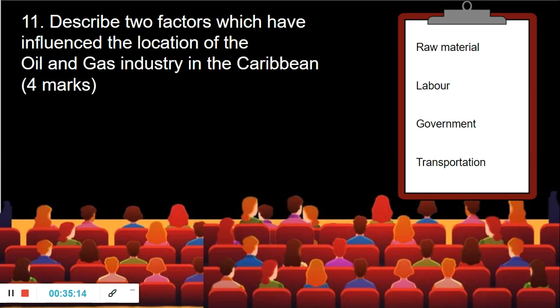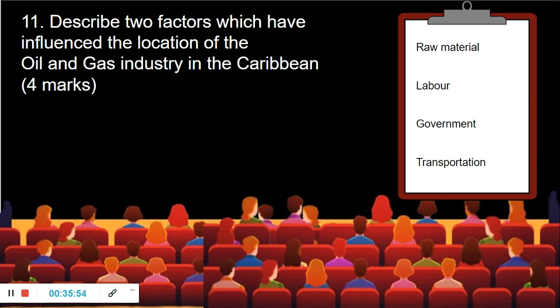Transportation. Transportation of oil and natural gas takes place both by pipelines and roads, and there are very good networks of both pipelines and roads in Trinidad and Tobago that connect the main areas where the raw materials exist and where the refining exists and where the exporting is taking place.